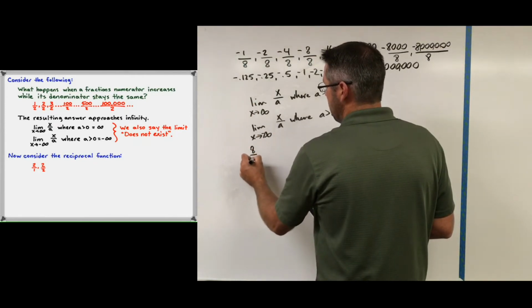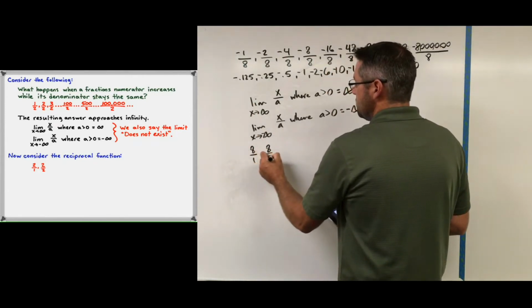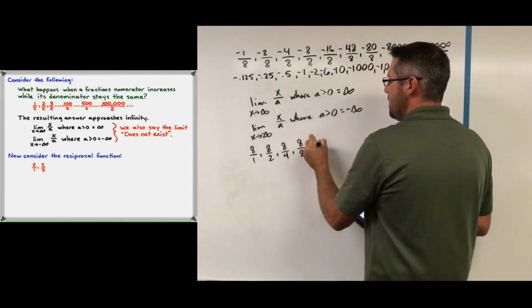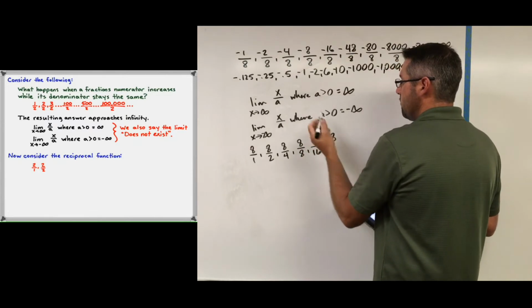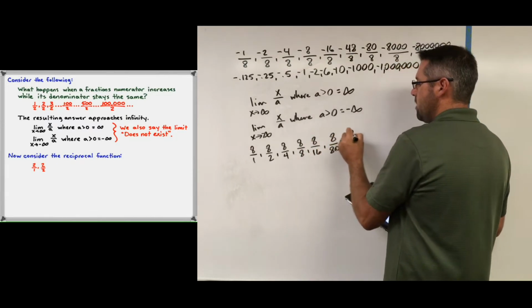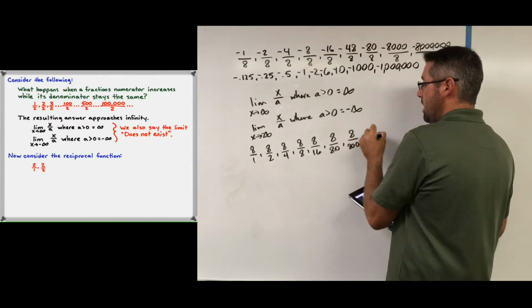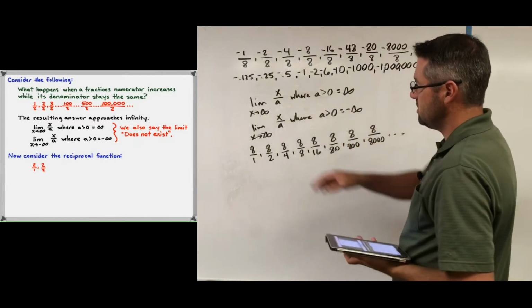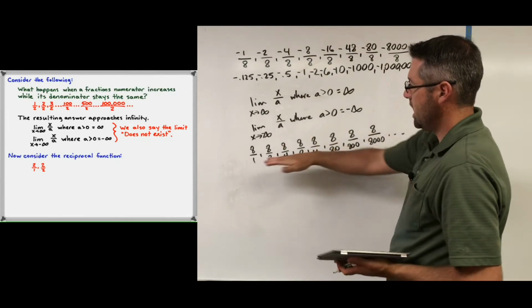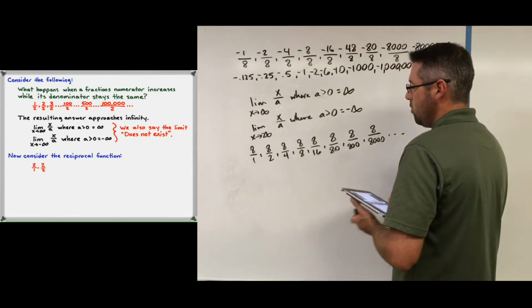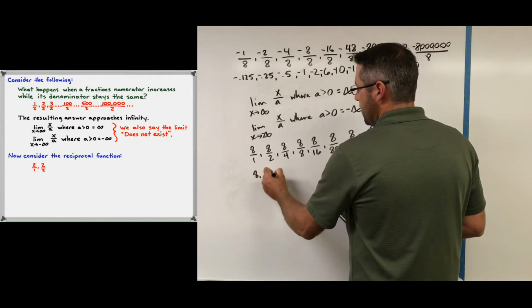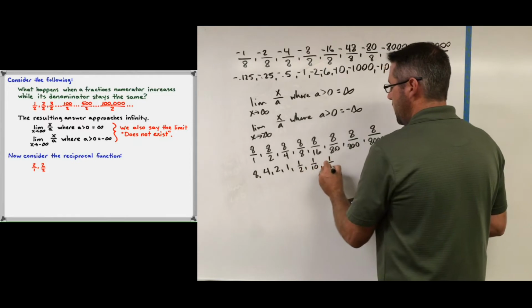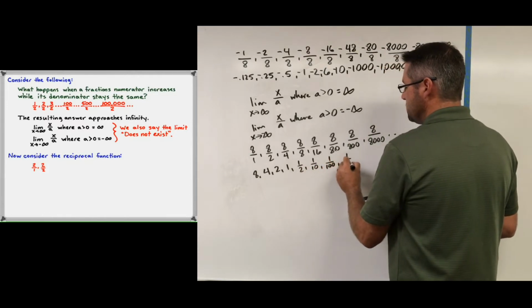Let's say this is 8 over 1, 8 over 2, 8 over 4, 8 over 8, 8 over 16, 8 over 80, 8 over 800, 8 over 8,000, and so on. What happens when the numerator stays the same and the denominator gets bigger? Well, we get 8 and 4 and 2 and 1 and 1/2 and 1/10 and 1/100th and 1/1000th.